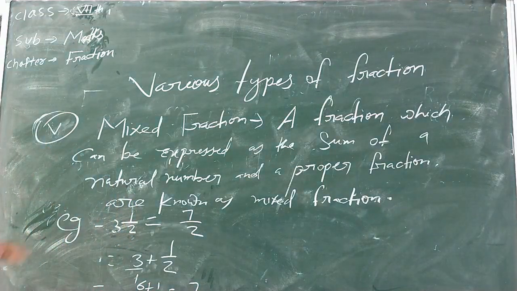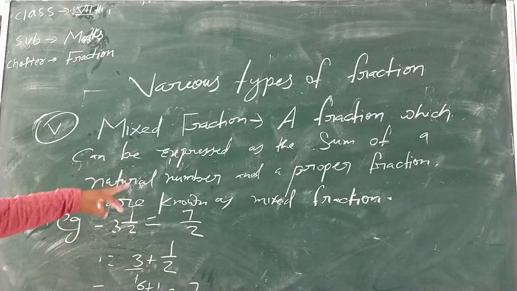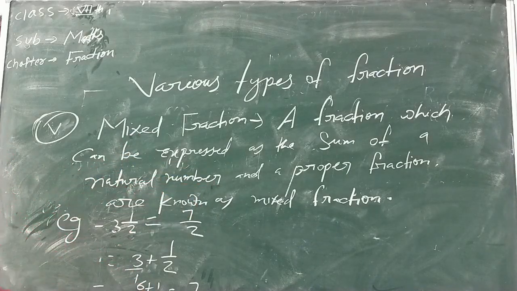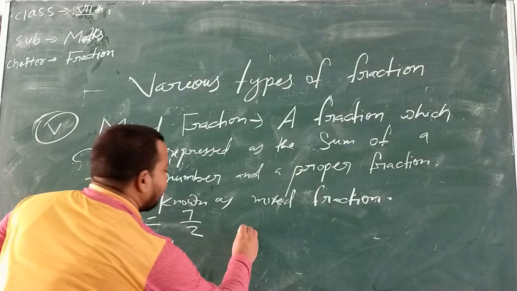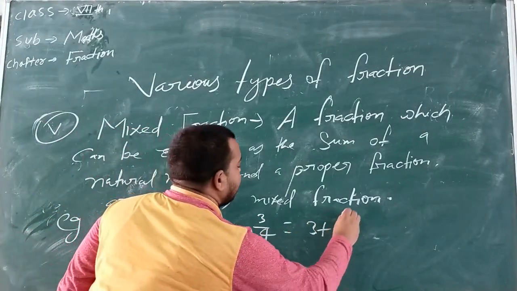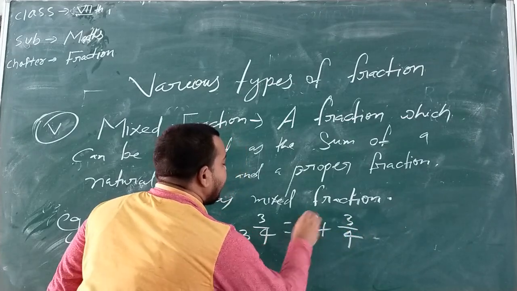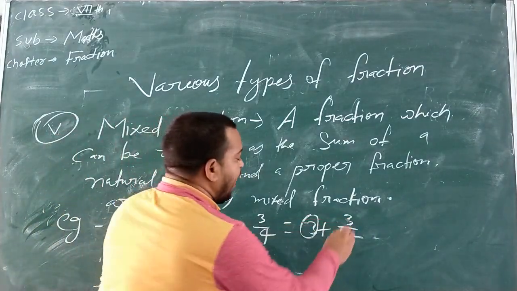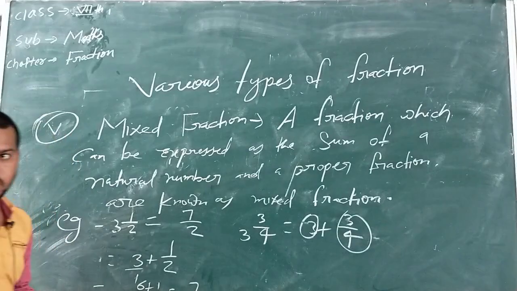So we can write a mixed fraction as a sum of a natural number and a proper fraction. We can write 3 whole 3 by 4 as 3 plus 3 by 4, where 3 is a natural number and 3 by 4 is a proper fraction.